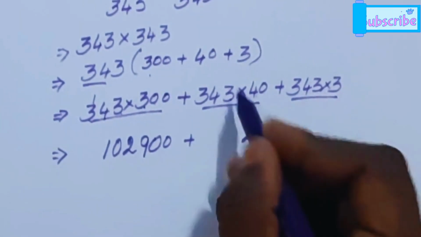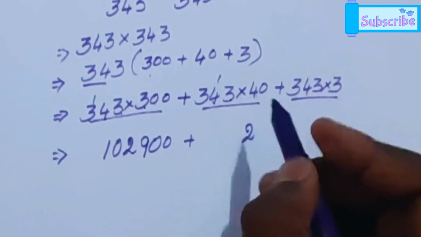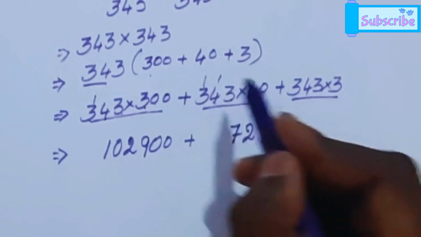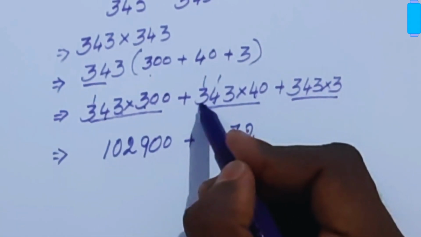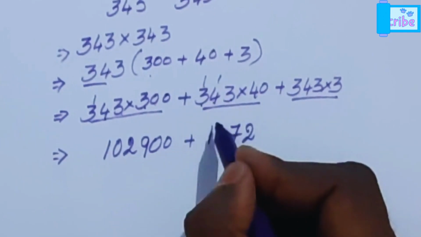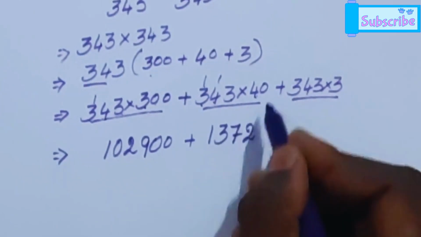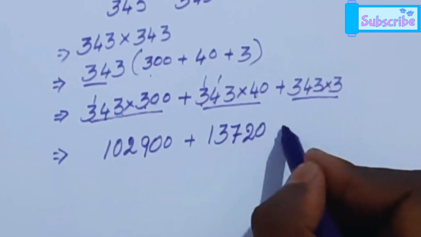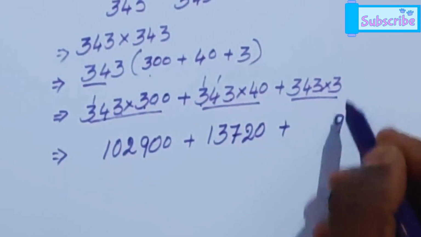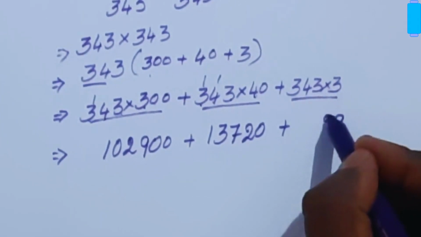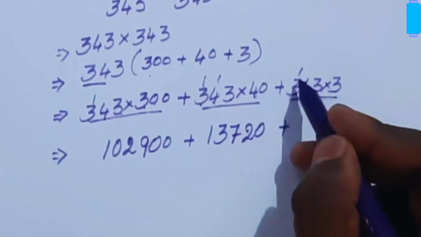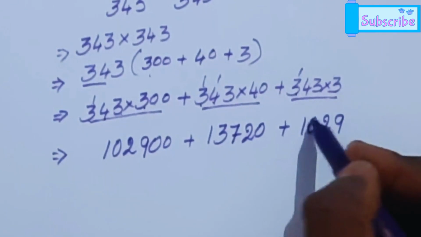Here 2 and 1 here. 4 times 4 is 16 plus 1, 7, 1 here. 4 times 3 is 12, plus this 1 is 13, here it is 0, plus here 3 times 3 is 9, 3 times 4 is 12, 1 here, 3 times 3 is 9 plus 1 is 10.